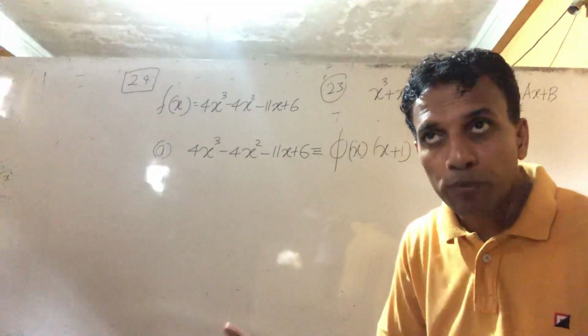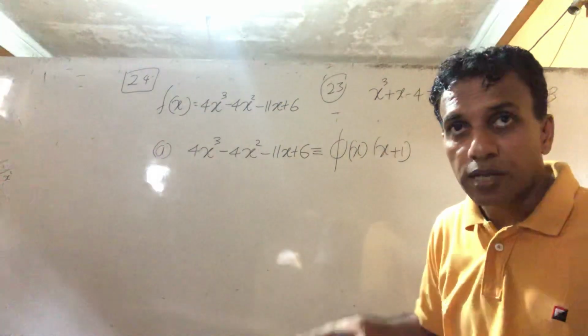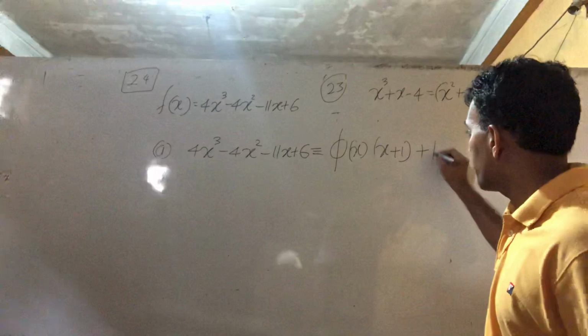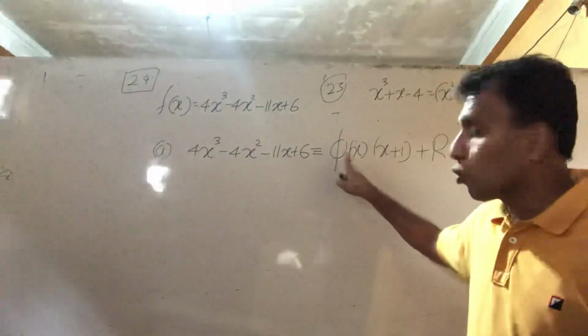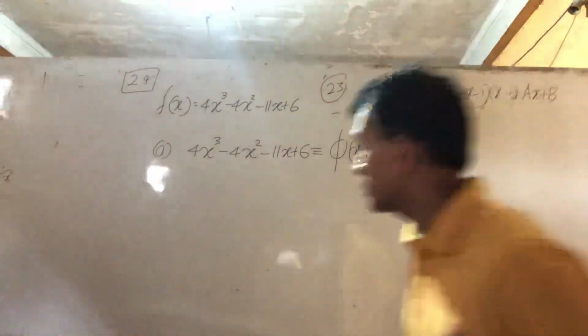Any polynomial, if I divide by a linear factor, the remainder is a constant number, I say R. That is the method: polynomial equals quotient into divisor plus the remainder.